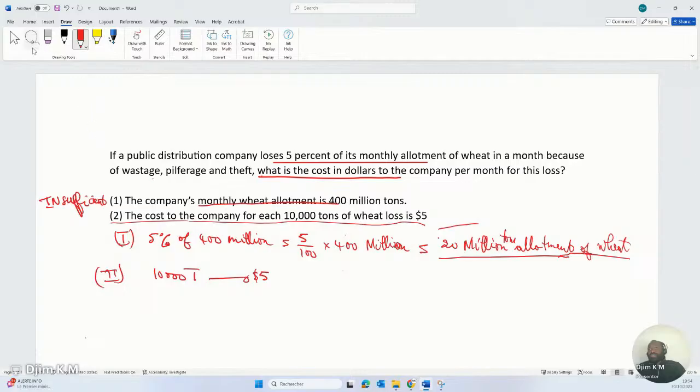We have it in condition one, but when we are treating condition two alone, we are not taking into account the information given in condition one.